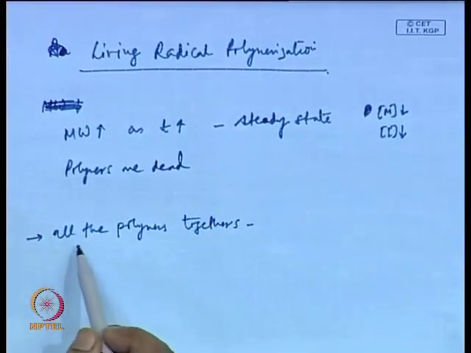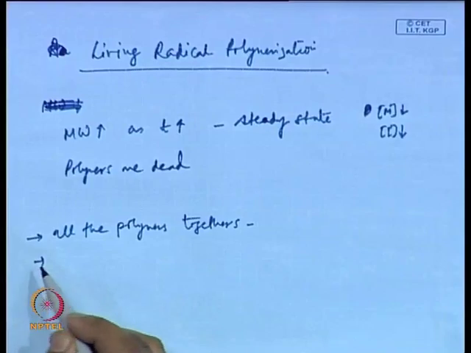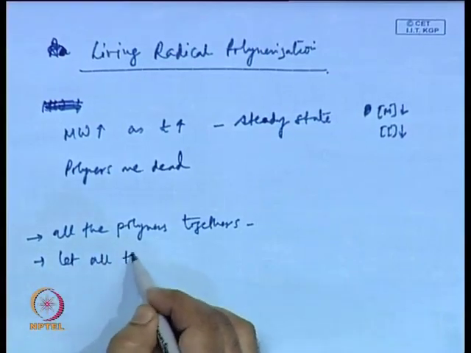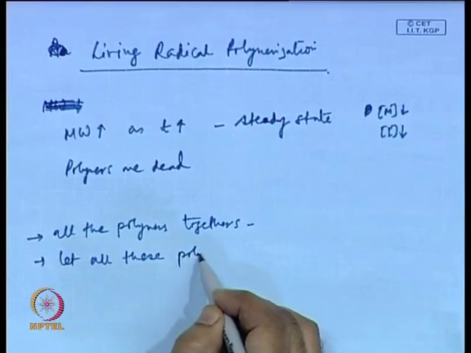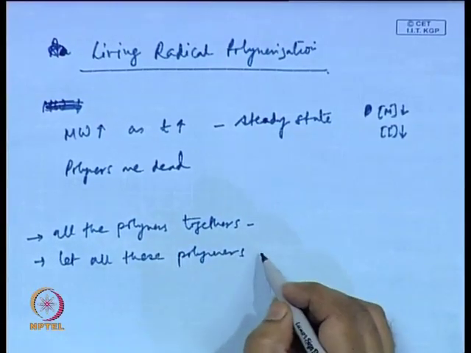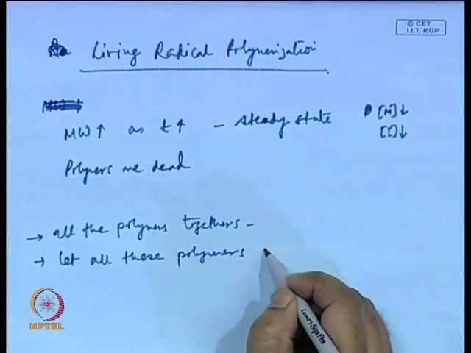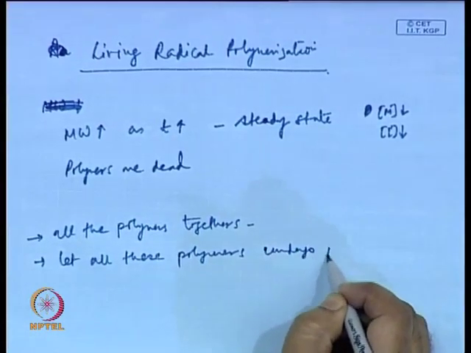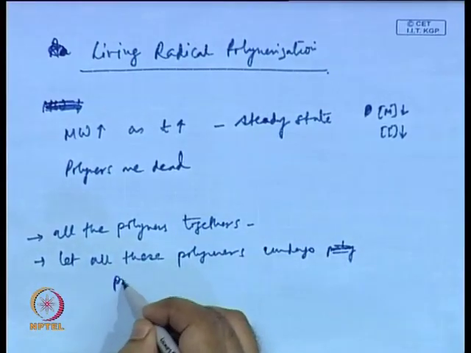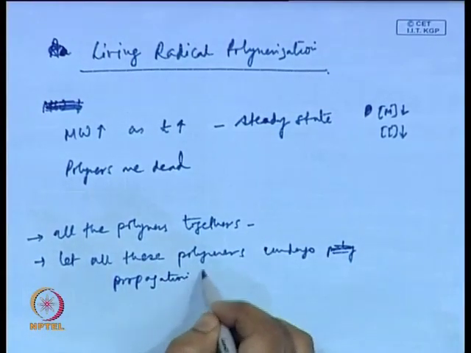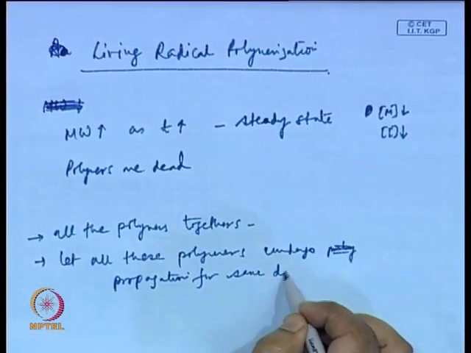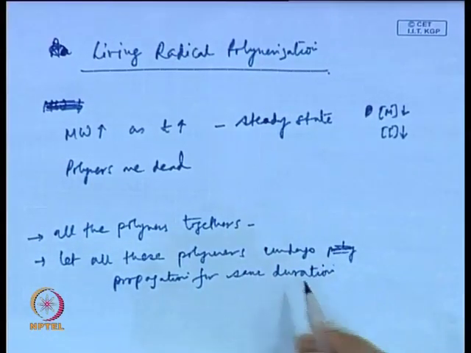So, if you can design a mechanism where you can start all the polymers together and let all these polymers undergo propagation for the same duration, you have initiated a lot of polymers together, and all of them are undergoing propagation during the same duration.